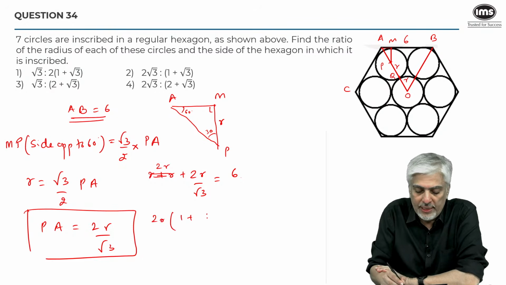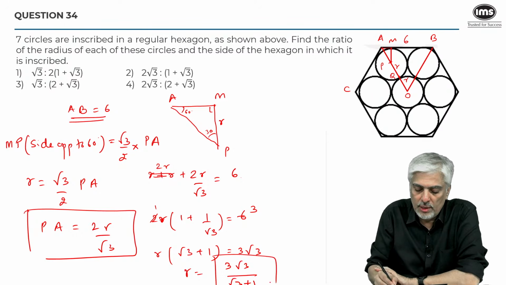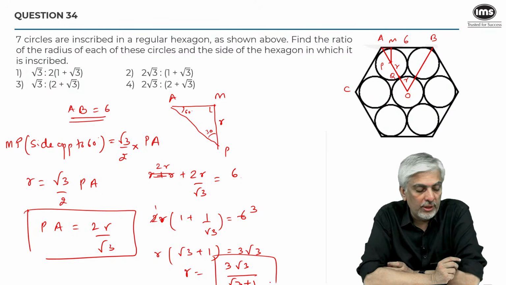So I'll get R into 1 plus 2 upon root 3 is equal to 6. So R into root 3 plus 2 upon root 3 is equal to 6, which gives R as 3 root 3 upon root 3 plus 1.